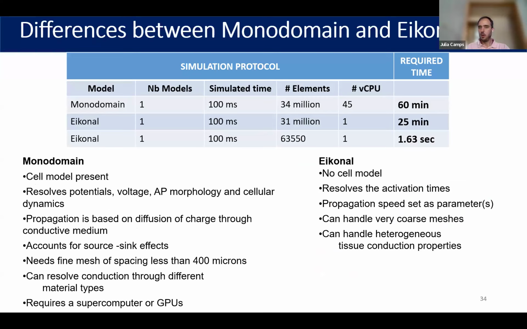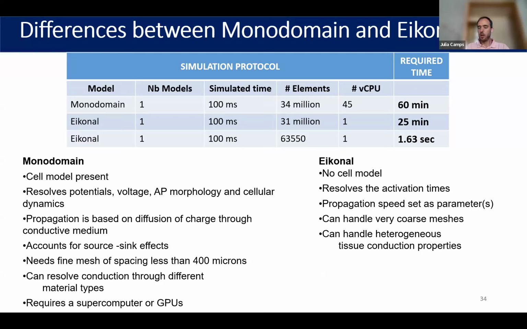So now that we have decided to move from the monodomain to the iconal, I mean, we haven't fully decided yet. This would be the slide that is the tiebreaker and makes the decision for us, when we look at the performance and the pros and cons, right?